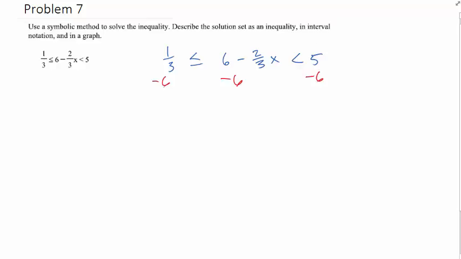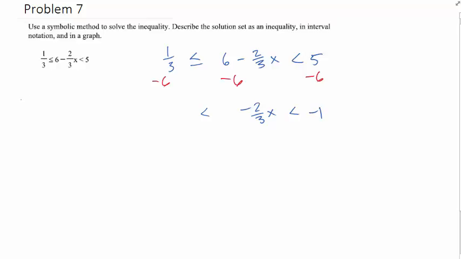By both sides I mean all three sides. And then we're going to get in the middle negative 2/3 x. And on the right side, that's 5 minus 6, that's negative 1.